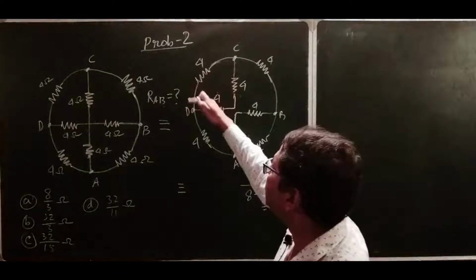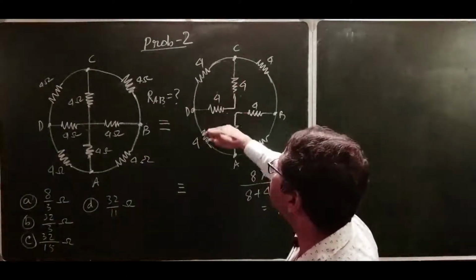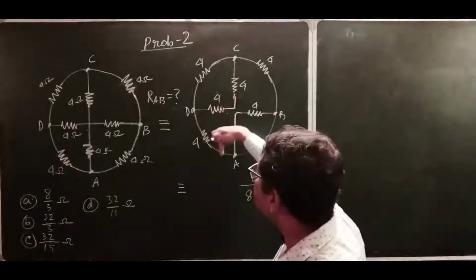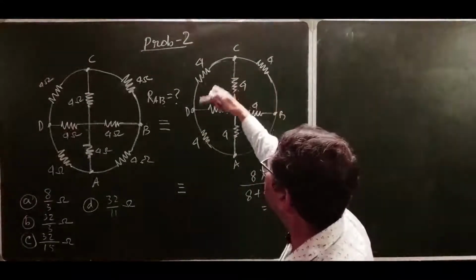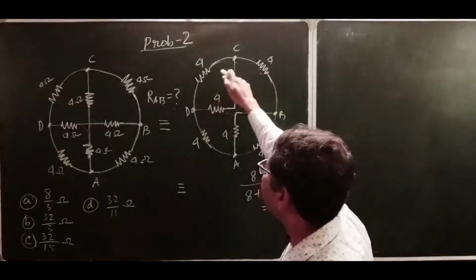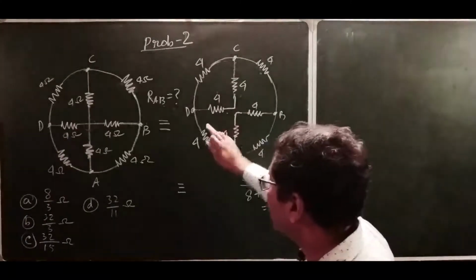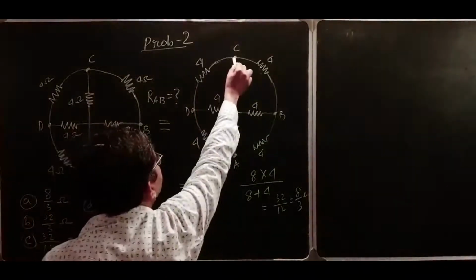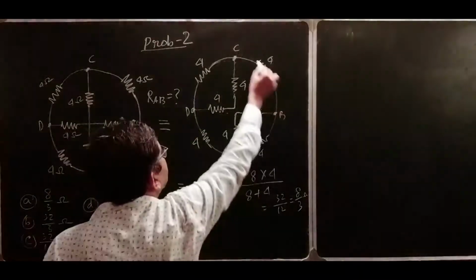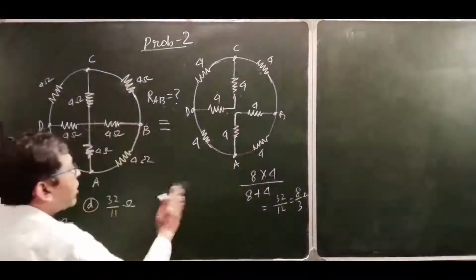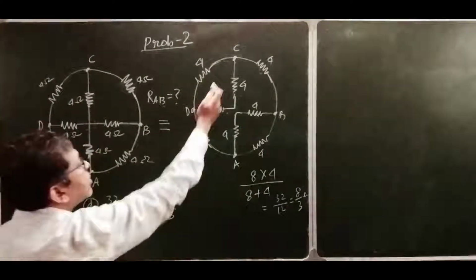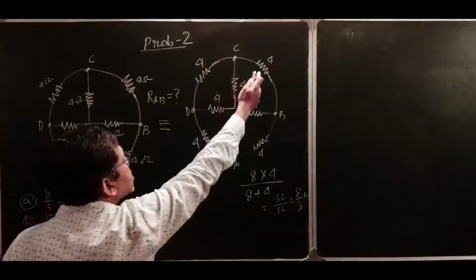With this 8 by 3, these two resistances are in series because this is the same circuit which contains this 4, this 8 by 3 and this 4. So the total equivalent resistance of this part from here to there will be 8 by 3 plus 4 plus 4.